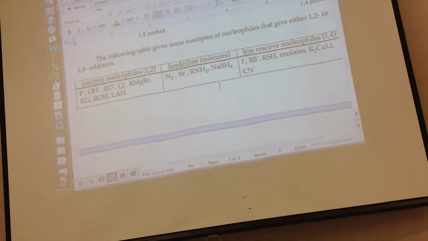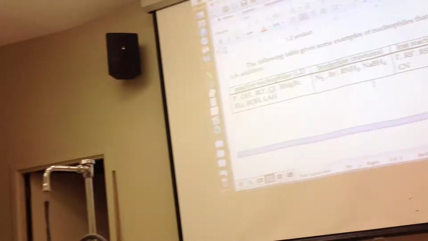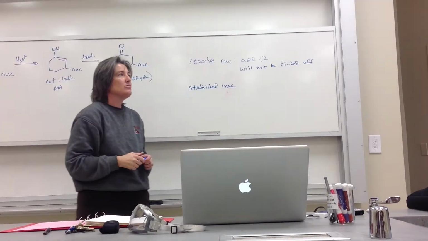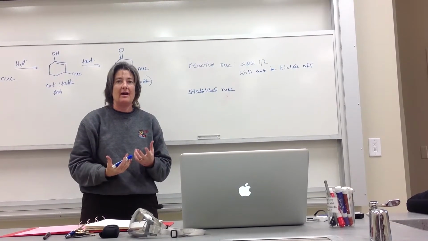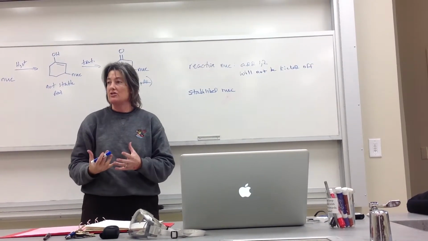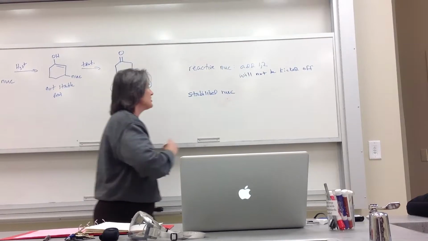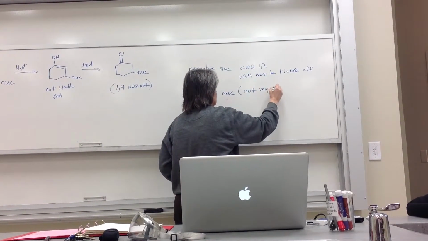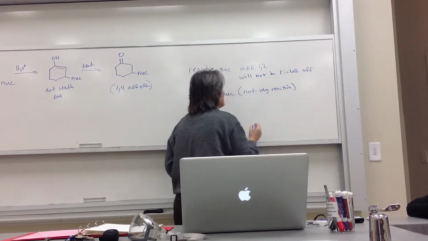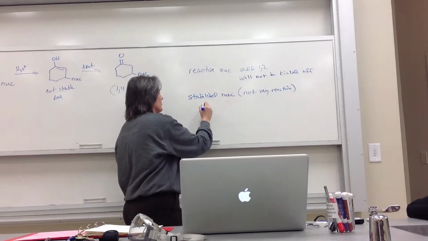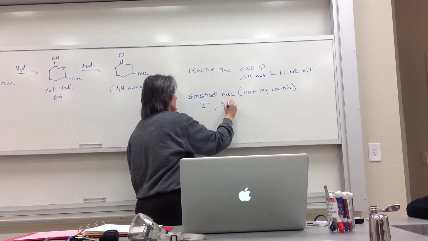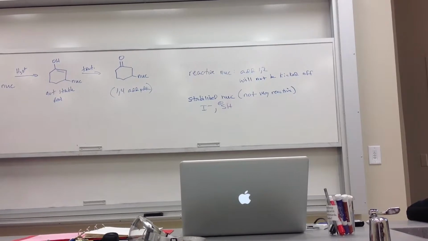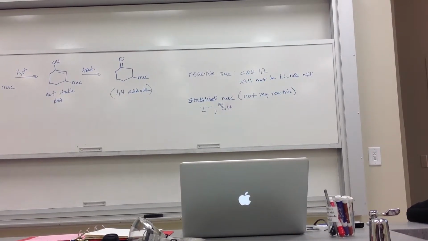If you have stabilized nucleophiles, these are things that on their own, for some reason, have a stability associated with them. So they're things that aren't very reactive. So some examples that we have, let's look at the first 2 for starters, I minus and SH minus. Those are things we kind of classified as good nucleophiles, right?